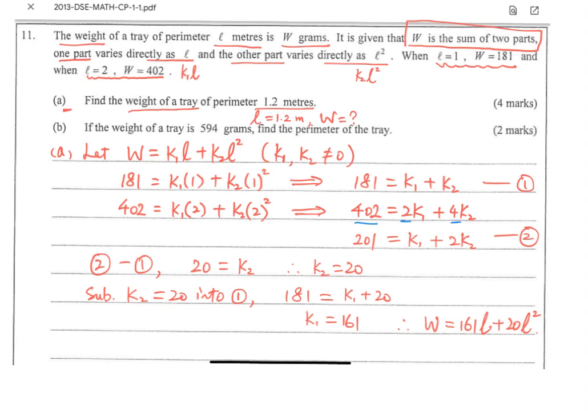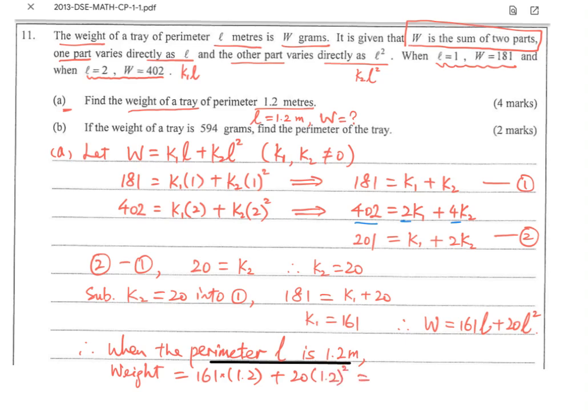Therefore, when the perimeter L is 1.2 meter, then the weight will equal to 161 times 1.2 plus 20 times 1.2 to the power 2.